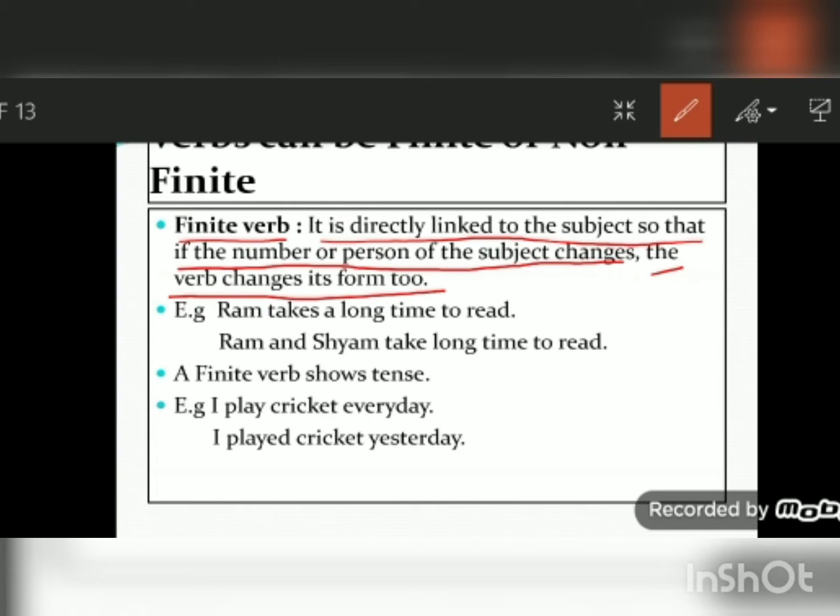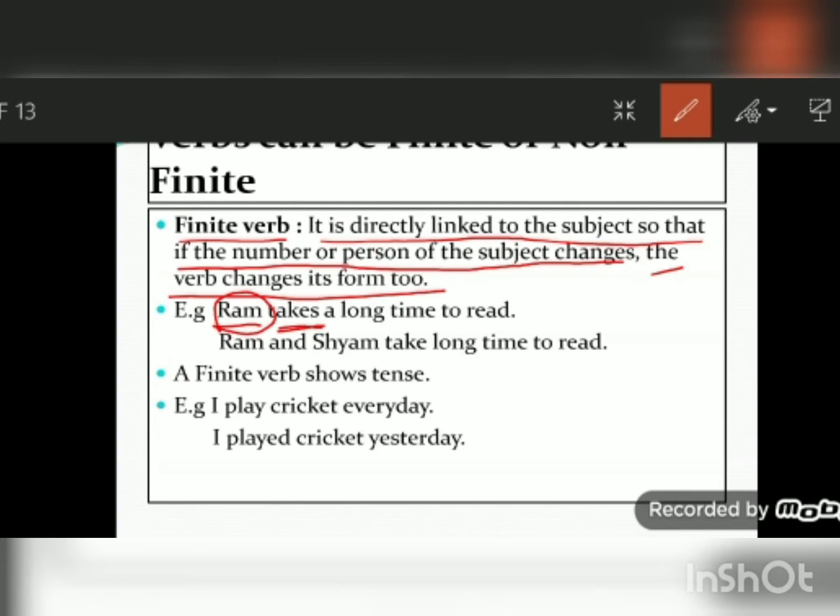For example, Ram takes a long time to read. Here Ram is singular, so we used the verb with s, that is takes.